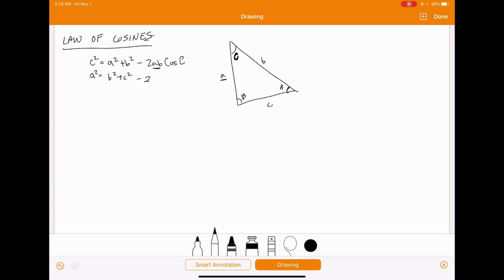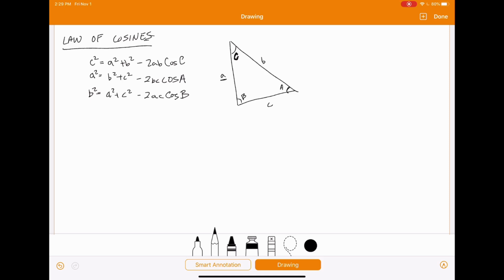These letters here correspond with these letters here. So bc cosine, this angle corresponds with its side over on the other side of the equal sign. So this is going to be cosine of A, and then we could have b squared equals a squared plus c squared minus 2ac cosine of angle B. And any of those equations work depending on how your triangle is set up.